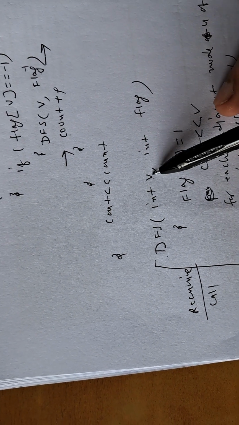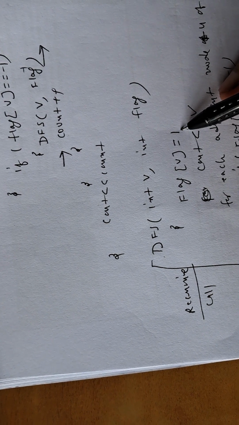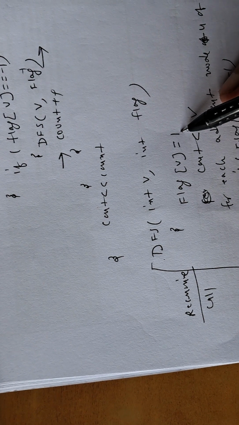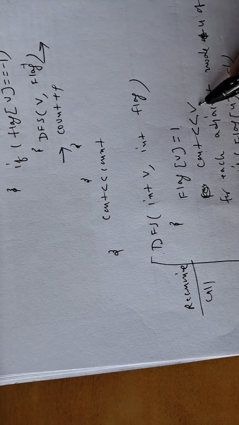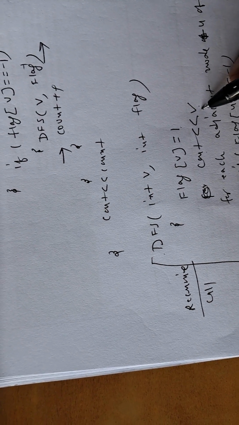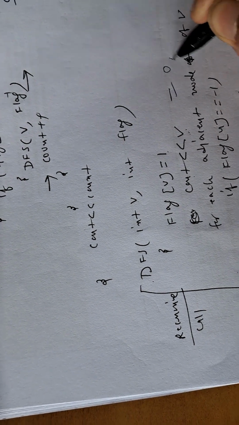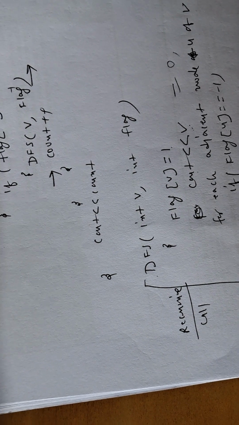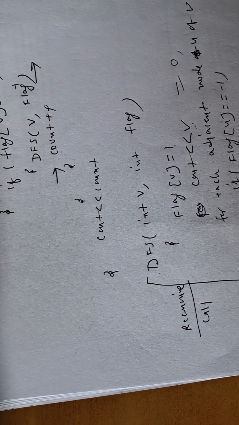Vertex V has now been visited, so the flag of V is set to 1. Whatever vertex we have visited, initially it was -1, later we make it 1. We print that vertex with cout or printf, so this will give you 0 right now. Now for each adjacent node U of V, if the flag of U is -1, we will again call DFS.